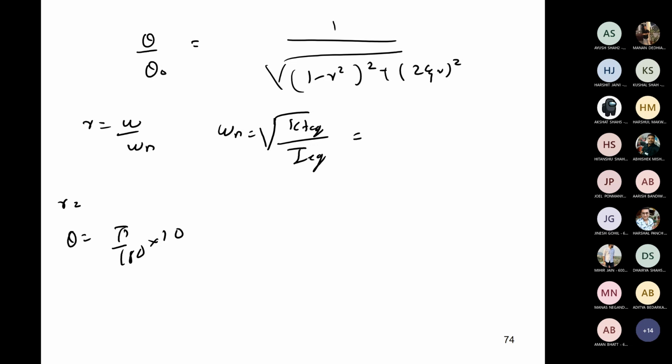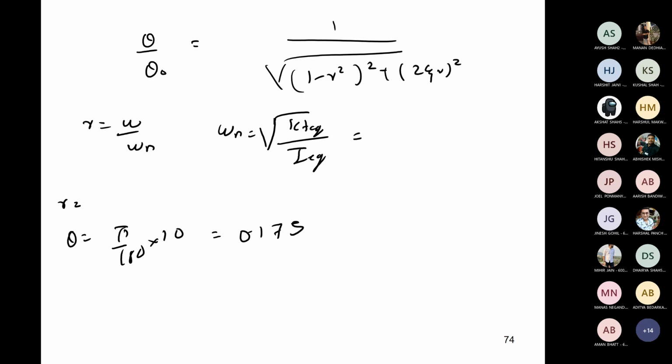Okay, so this theta should not be greater than 10 degrees. Okay, the amplitude or angular displacement should not be greater than 10 degrees. So this theta should not be greater than 10 degrees or 0.175 radians. So substitute here in this equation.